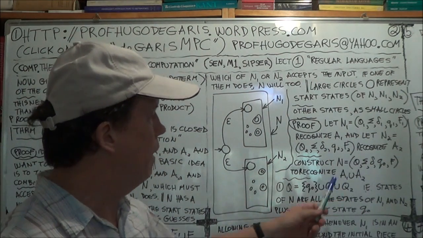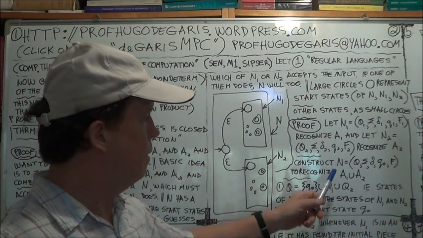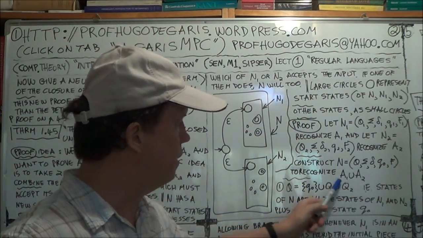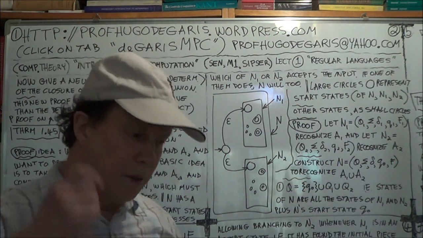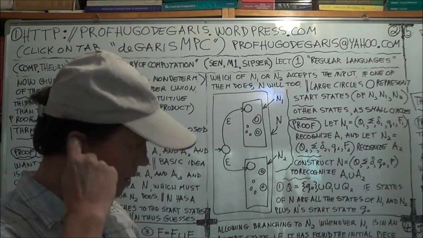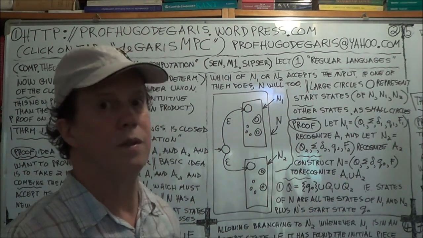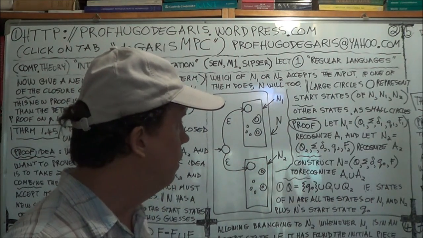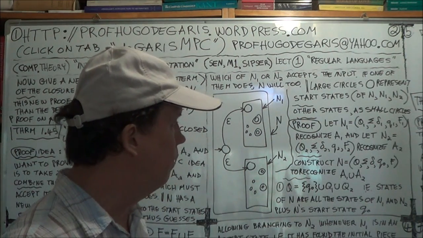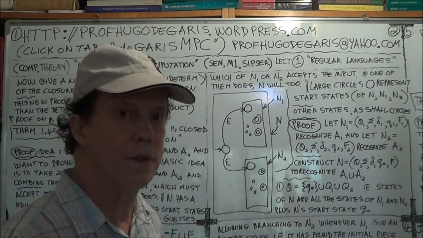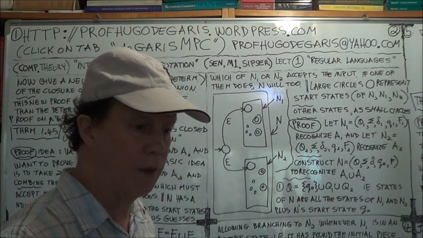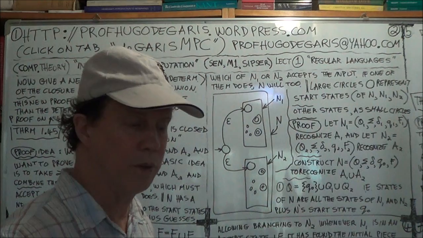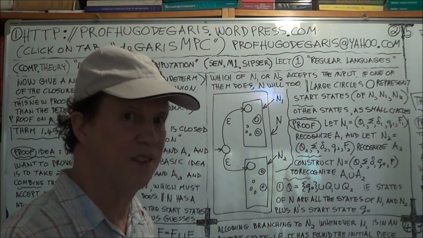Okay. Now, so if N recognizes this union, then, and that's for any two languages in the class of regular languages, therefore that union has a machine, a finite automaton, that recognizes it.